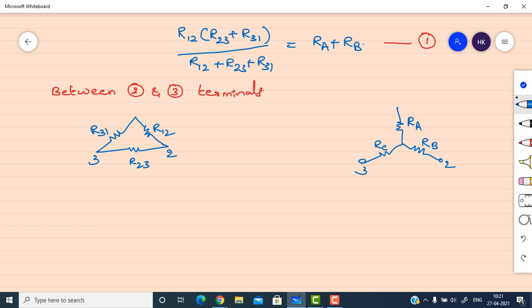So now we have to find out the equivalent resistance between 2 and 3 terminals. So equivalent resistance between 2 and 3 terminals means these two, R31 and R12, these two will become in series and the resultant will be in parallel with R23. Same as we did in the case of between 1 and 2 terminals.